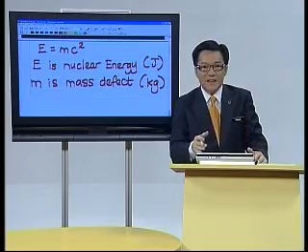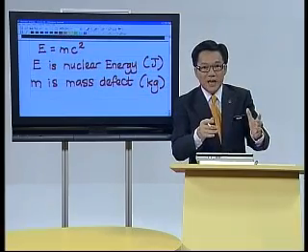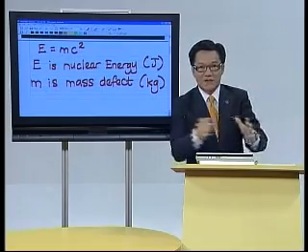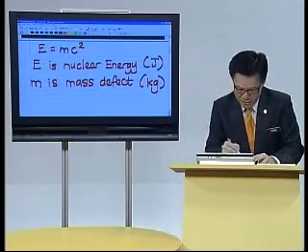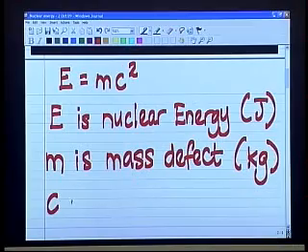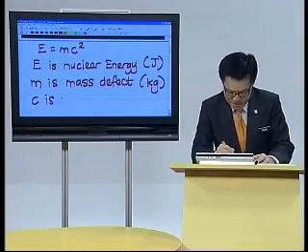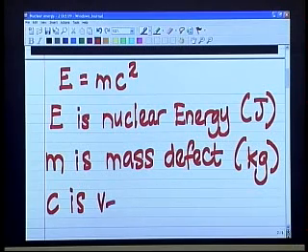And for mass defect, you know that it is the change in mass, or loss in mass, after the nuclear reaction. And c? What is c? It is the speed or velocity of light.